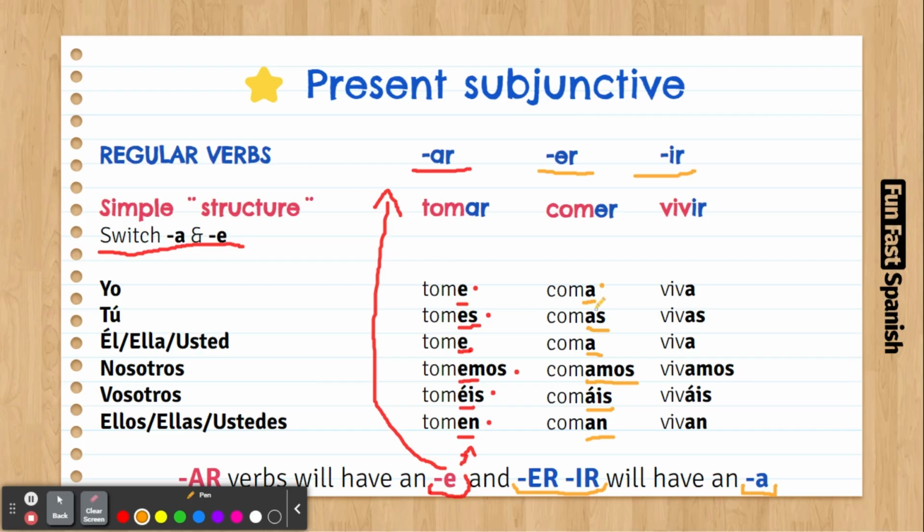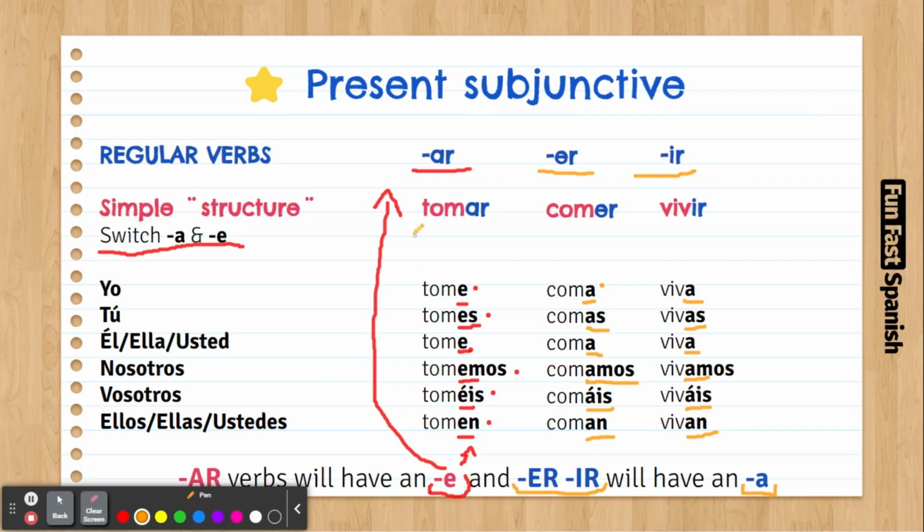So we put the A everywhere. And for the verb vivir it is yo viva, tú vivas, él viva, nosotros vivamos, vosotros viváis, ellos vivan. Same switch. We put an A here. So remember all these verbs.